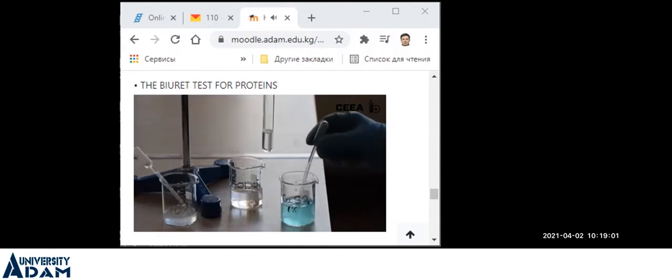Gelatine is also obviously reacting as a color change is observed.